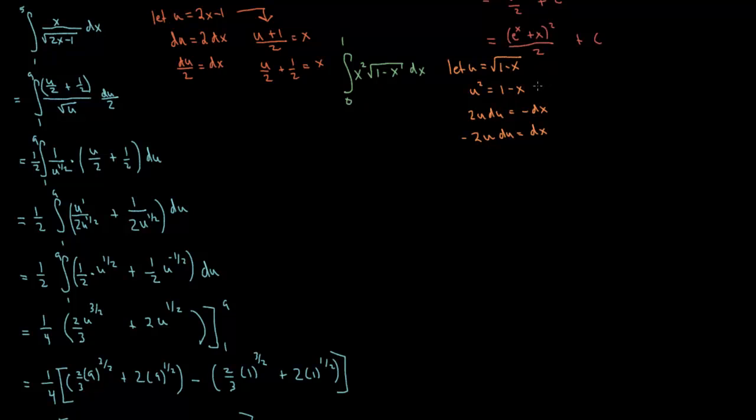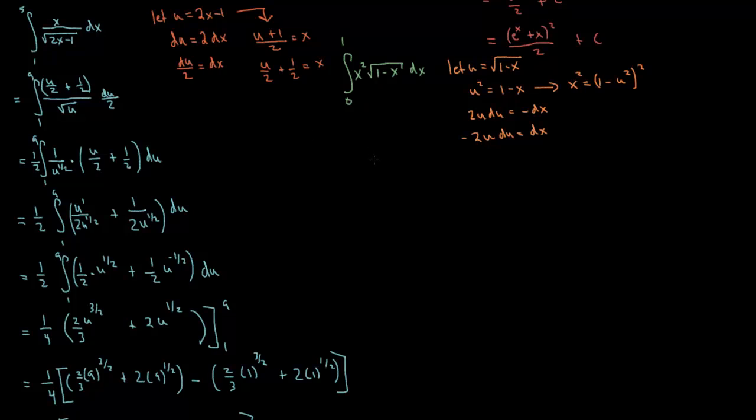If I solve that for x, we would get x equals 1 minus u squared. But what if I square both sides? I would get x squared equals 1 minus u squared squared. Okay, so now I think I actually have all of the things that I need to make a proper substitution with only u's.